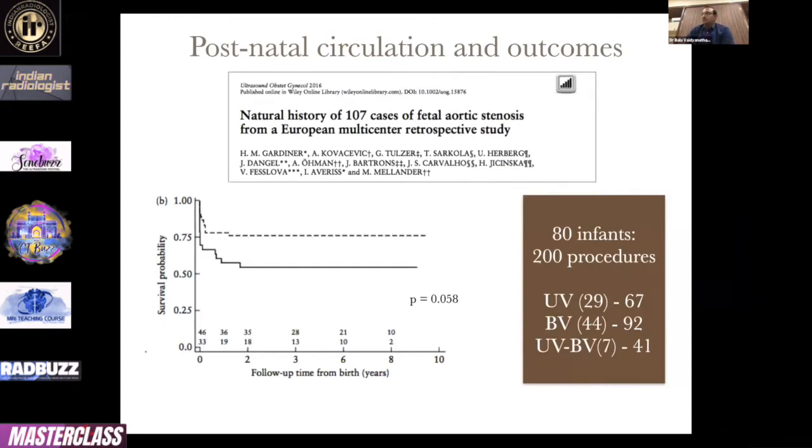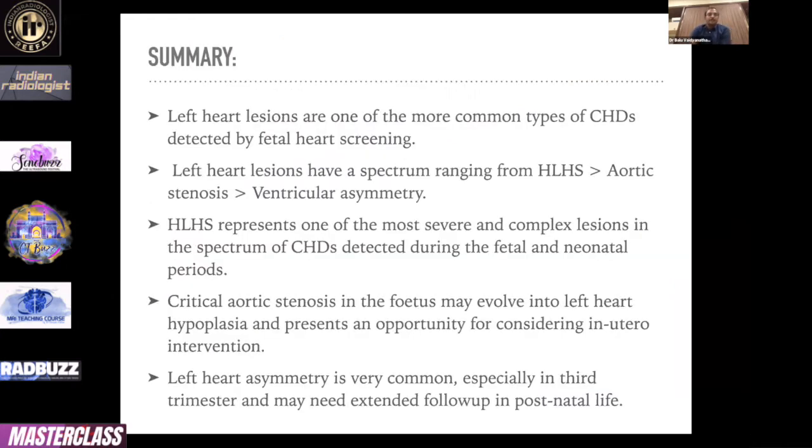Whether they are 2 ventricles or 1.5 ventricles or only 1 ventricle, the number of procedures is immense and they go through a lot of challenges. So hence, these kind of procedures can only be done in extremely specialized centers who can handle the whole postnatal care, and only with extremely motivated families. It's not something which you would want to do every time.